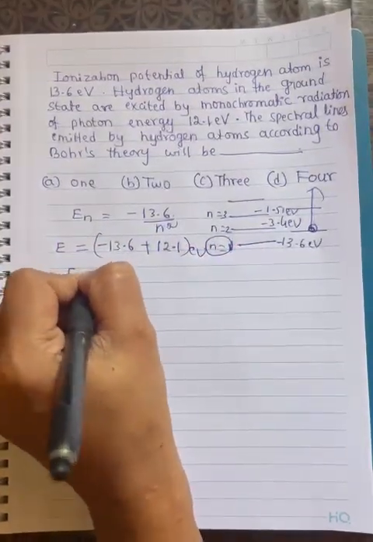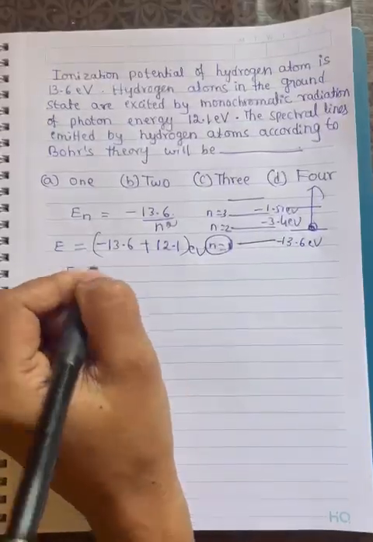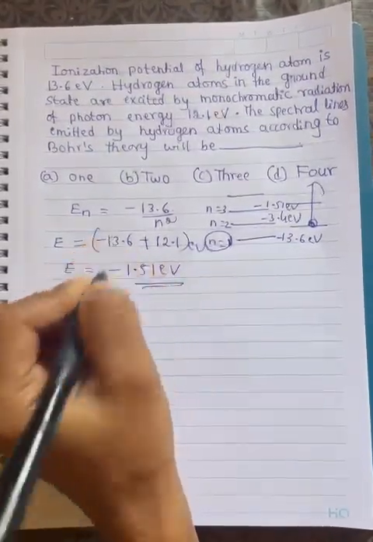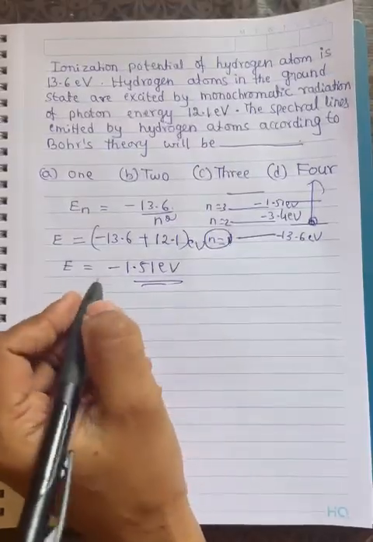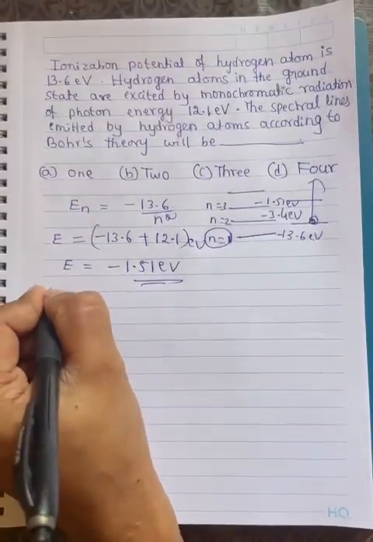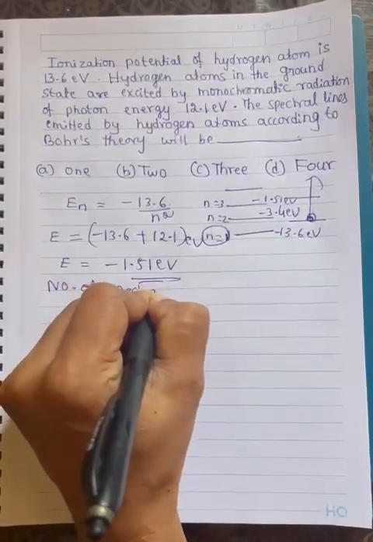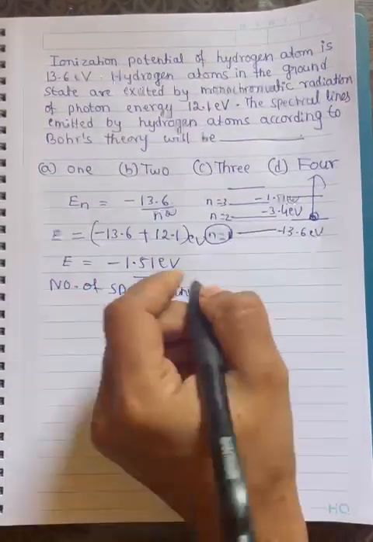So the final energy E is equal to minus 1.51 electron volt. Okay, so here we have to calculate the number of spectral lines emitted.